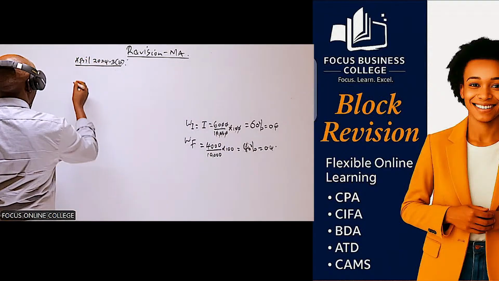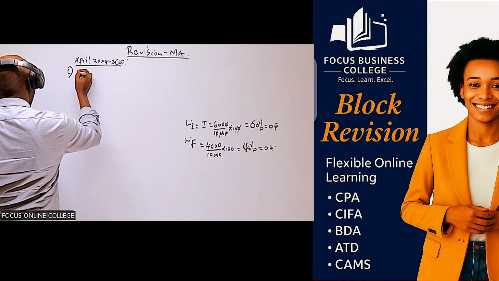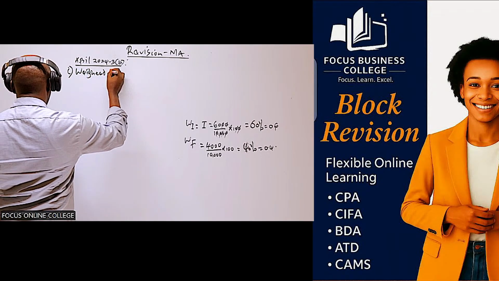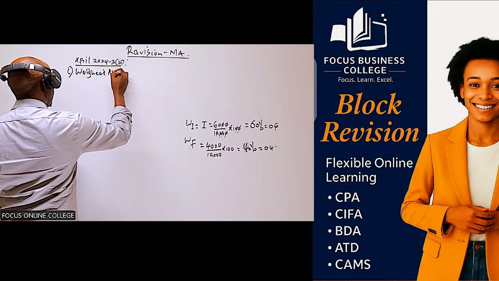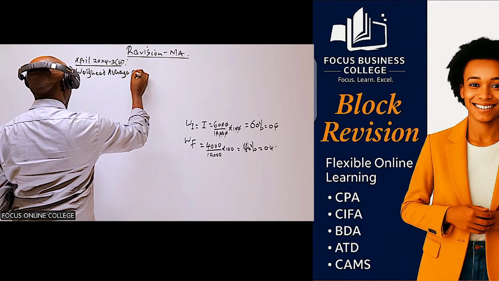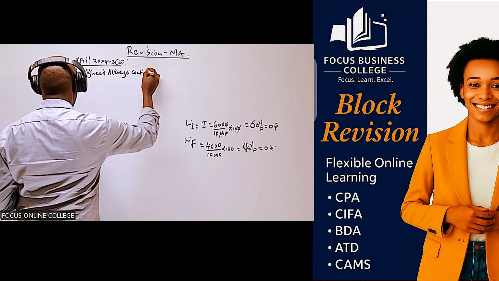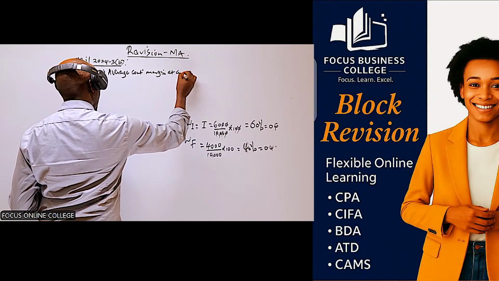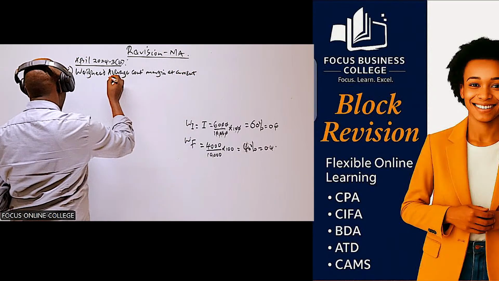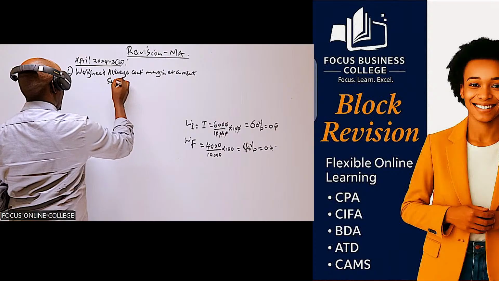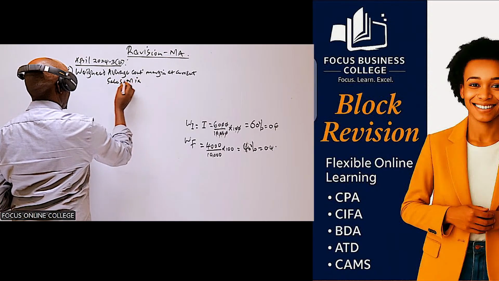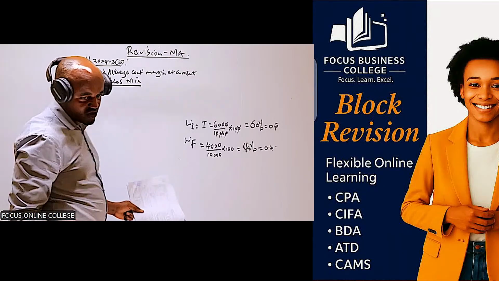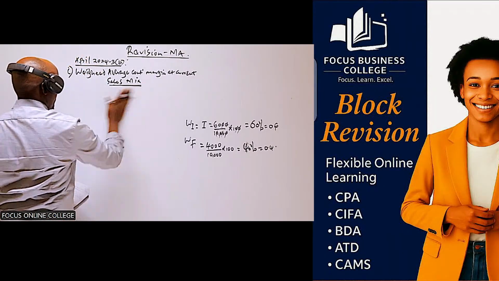So we will start with Roman 1 of that question, whereby we are required to compute the weighted average contribution margin at the current sales mix. The computation is quite simple.